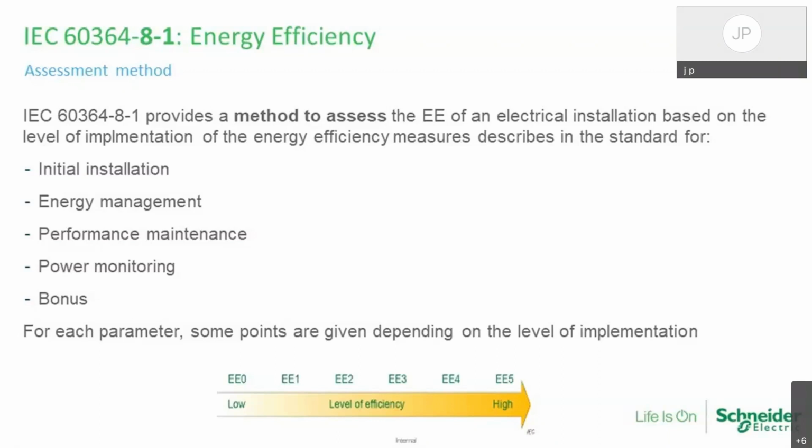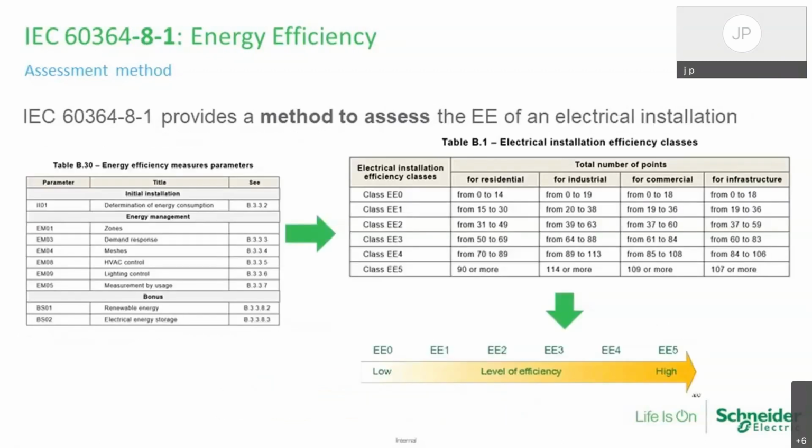So this method gives you the way to make sure that you have the level of efficiency that you want to have. The method is mainly based on some tables and some points, and depending on the type of your installation, if you are in a residential, industrial, commercial or infrastructure installation, you have a different number of points, and based on these points, you have a level of efficiency for your installation.